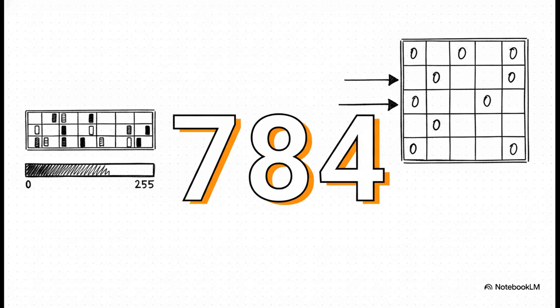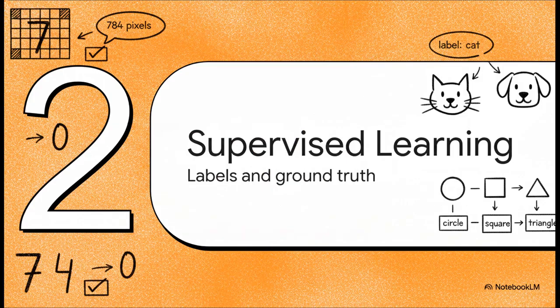If you multiply that out, you get exactly 784 individual pixels. So the machine doesn't see a 0, it interprets a vector, basically a super long list of 784 numbers. And each of those numbers just represents grayscale intensity, ranging from 0 for pure black all the way up to 255 for pure white.